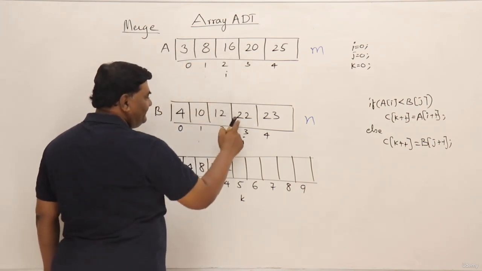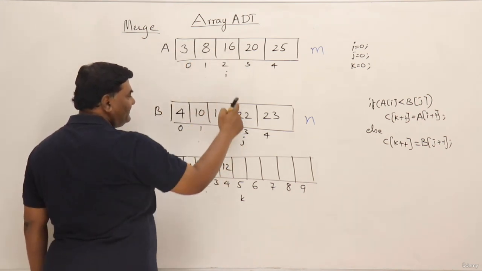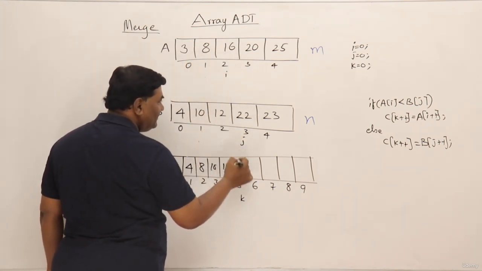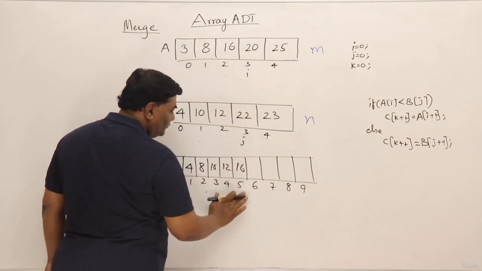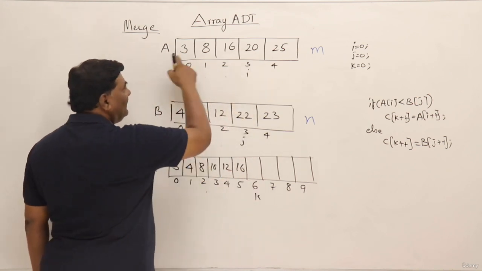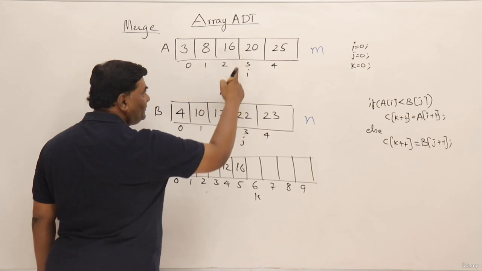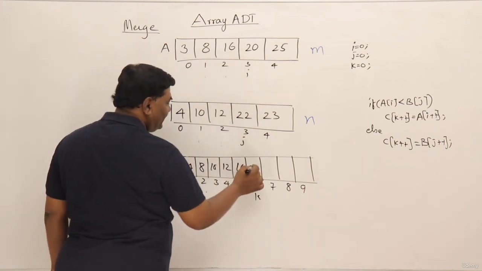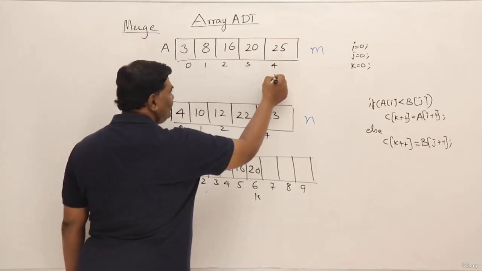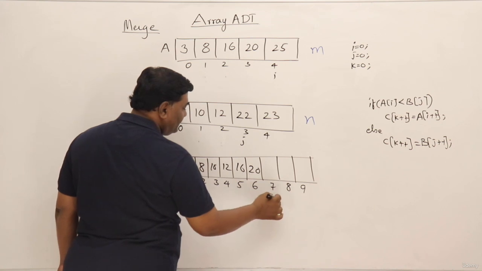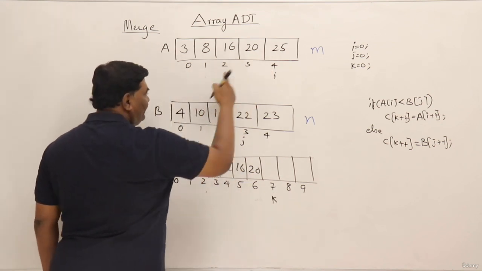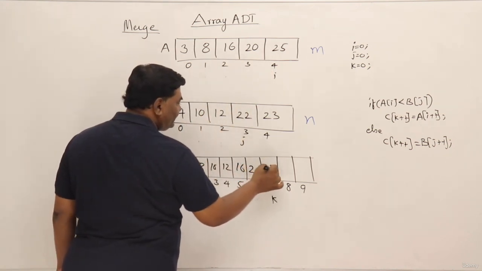A of I is 16, B of J is 22, so copy 16, move next, move next. A of I is 20 and this is 22, so 20 is copied here. I is moved, K is moved. Now this is 25, this is 22. 22 is copied.